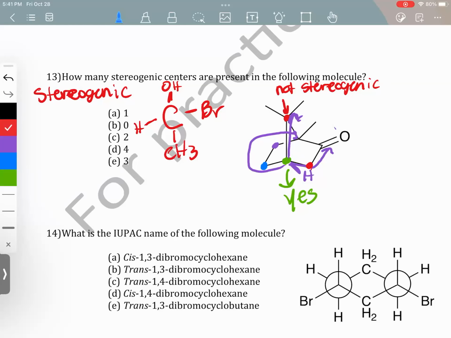No, 2 same groups. What about this one with the ketone? No. Stereogenic centers definitely cannot have double bonds. That takes away stereogenicity. So definitely not stereogenic.